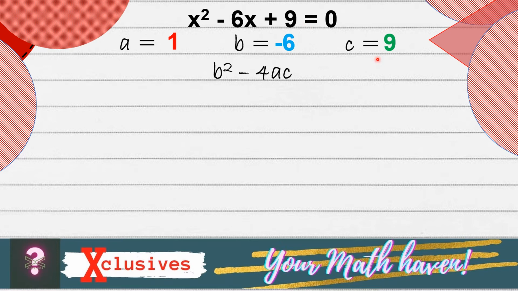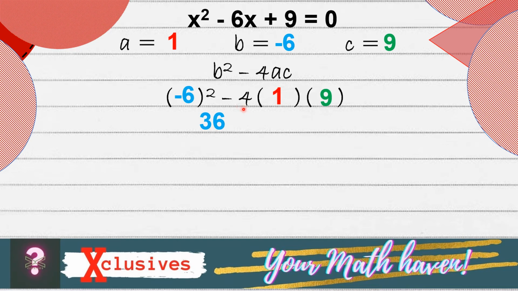So we can use now our discriminant by substituting. Let us start. b squared, so that is negative 6 squared, minus 4 times a, so this would be 1, times c, so that is 9. So let us simplify. Negative 6 squared, that is positive 36.